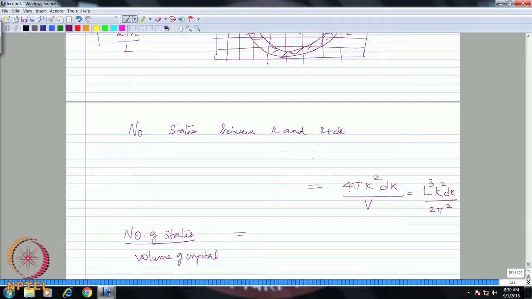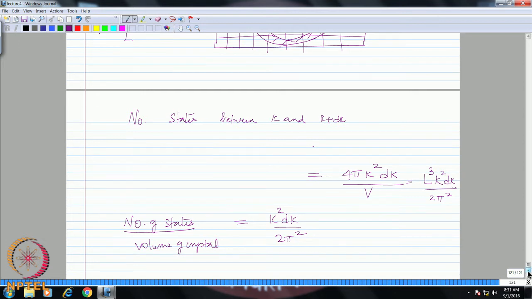If you normalize this and calculate the number density of quantum states accommodated per volume of a crystal, you have k square dk by 2 pi square.